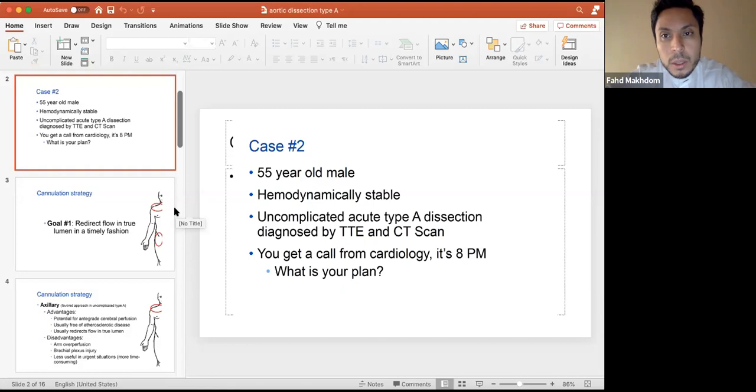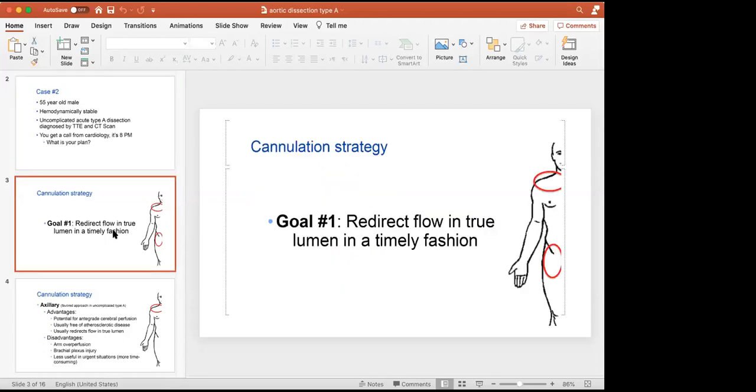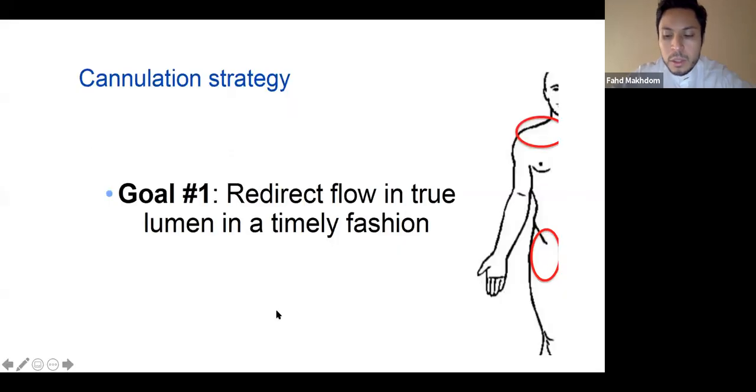So if the patient is stable, I think the axillary cannulation is a good option. So why would you cannulate axillary and not femoral? Because that will help me while I'm in circulatory arrest to do antegrade cerebral perfusion. Yeah, that's the advantage of axillary cannulation.